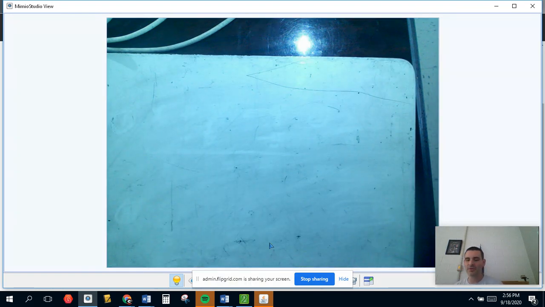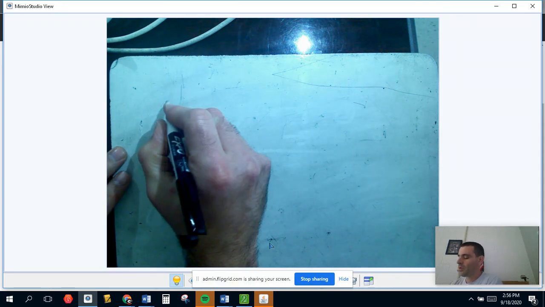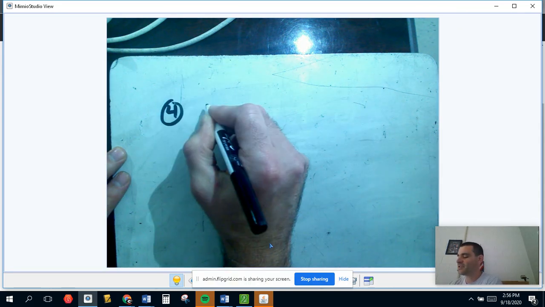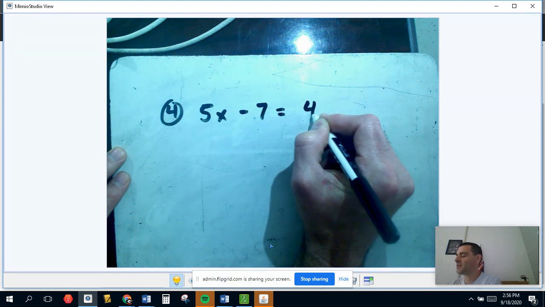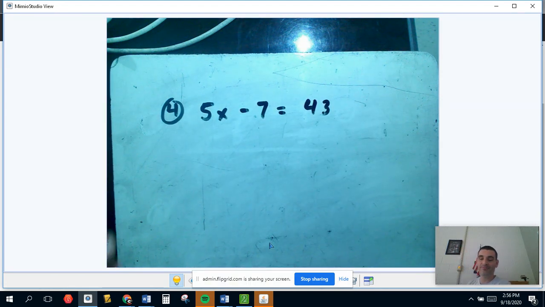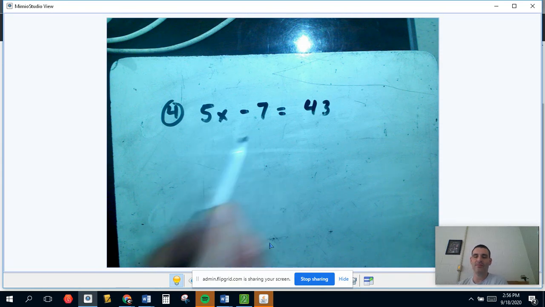We'll do a couple examples here. A two-step equation, this will be our fourth example, generally has this setup. 5x minus 7 is equal to 43. So there's 5 again. Again, our goal is to figure out what x is. We have 5 and 7 with the x.